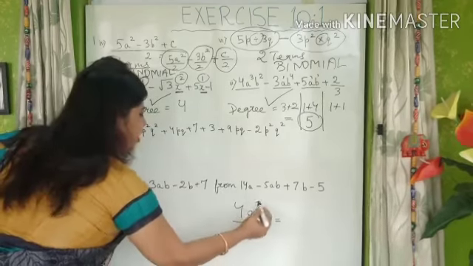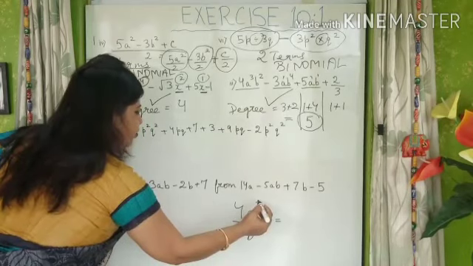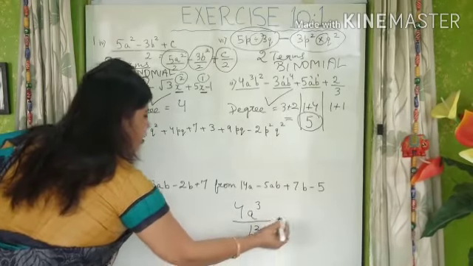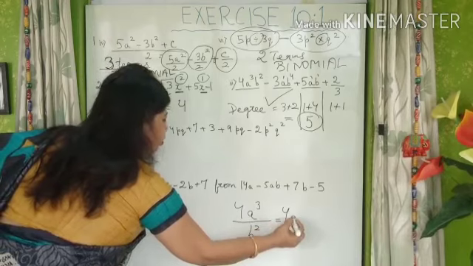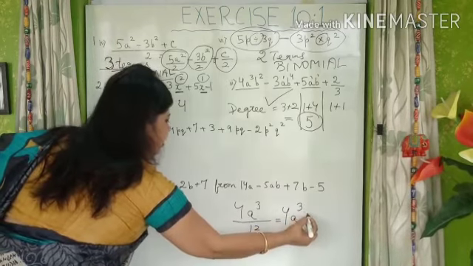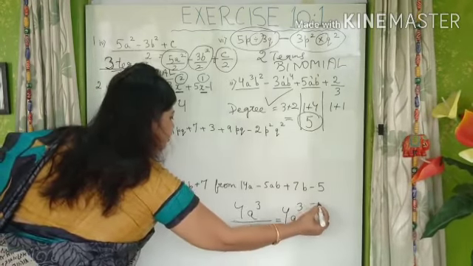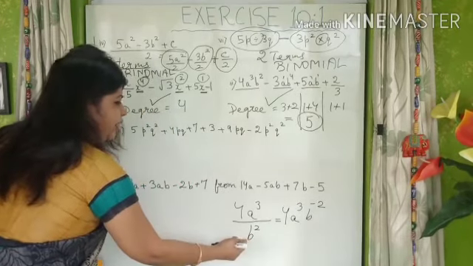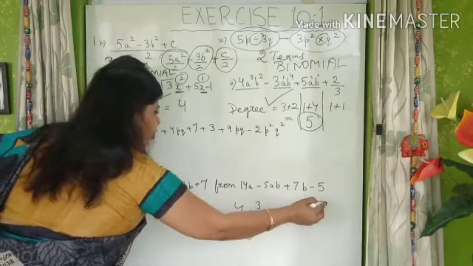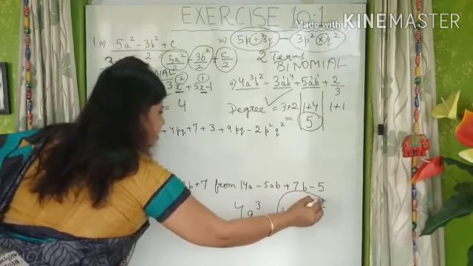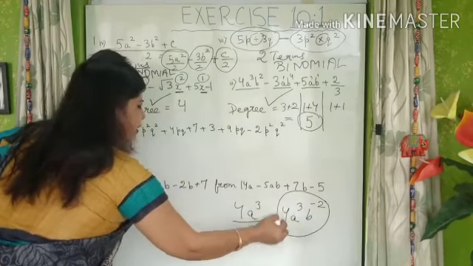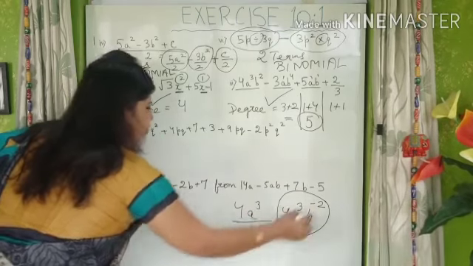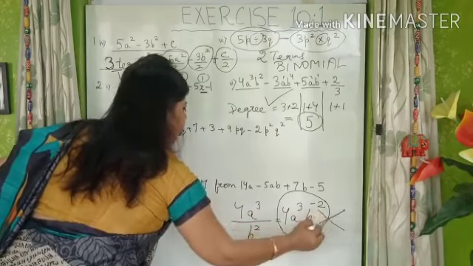The moment 4a^3, that is power 3, divided by b^2 is equal to what? 4a to the power 3 and b to the power minus 2. Isn't it? The moment you have a literal there in the denominator, as it becomes the numerator, the power changes to negative. So it is not a polynomial.